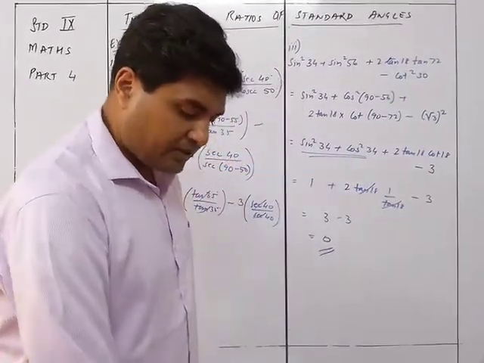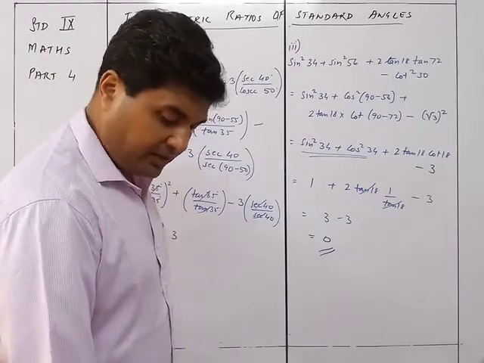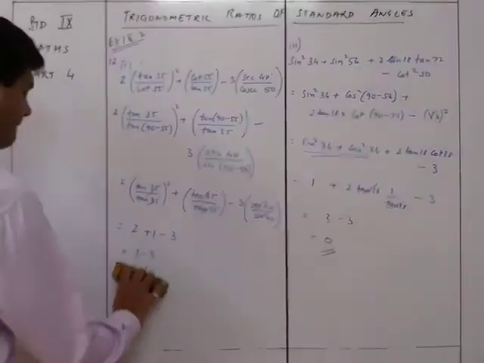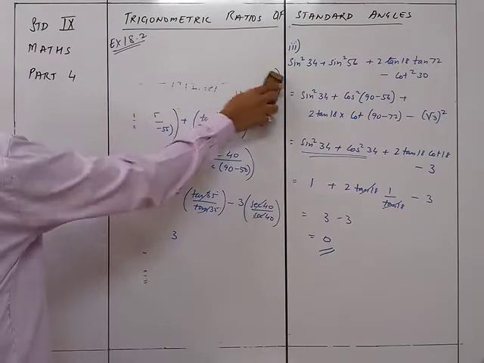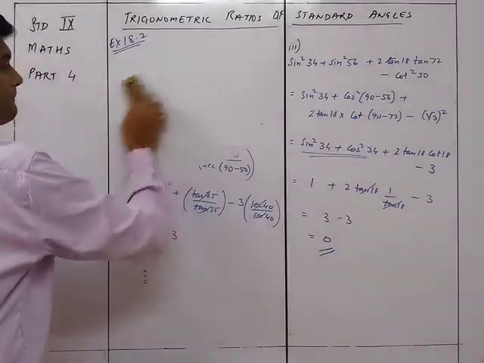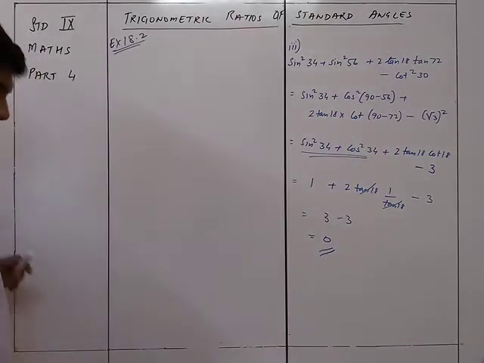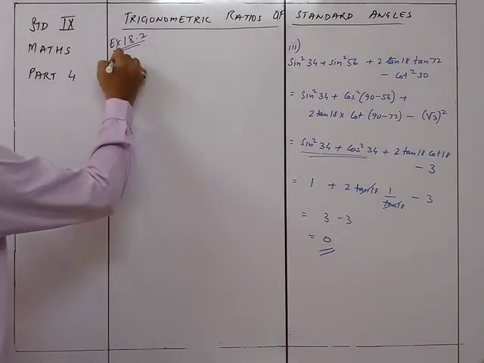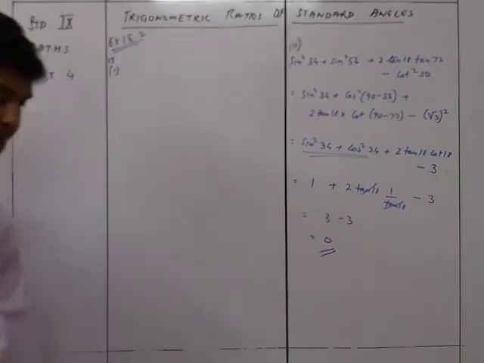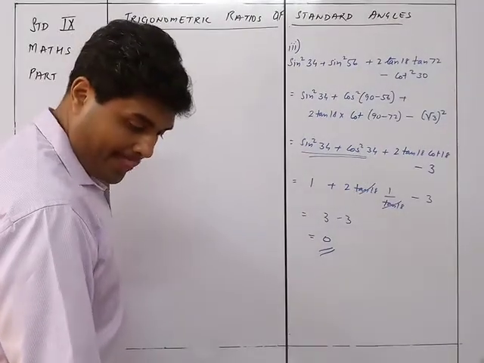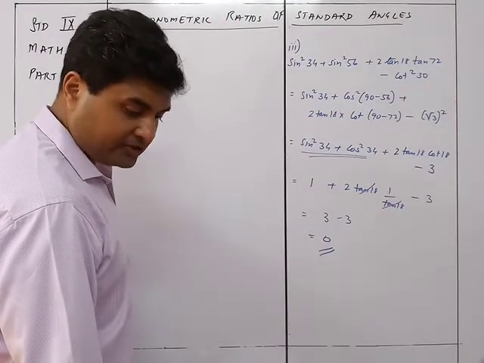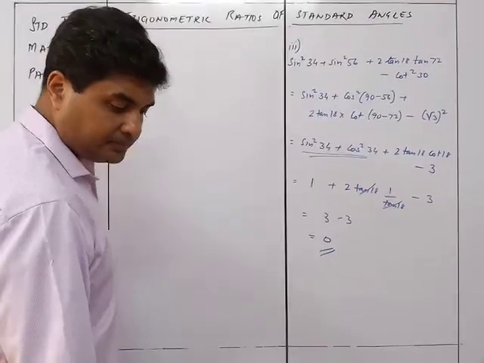We move on to sum number 13, the first. Cos theta upon sin 90 minus theta.